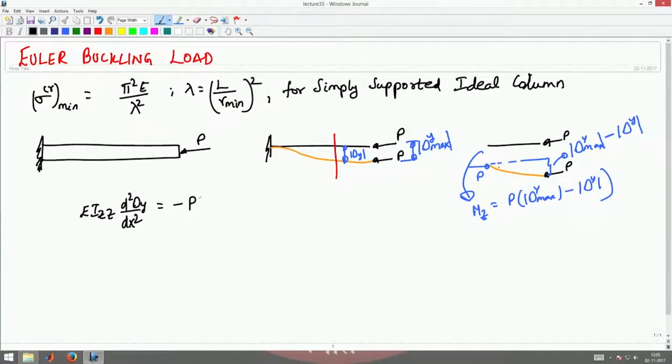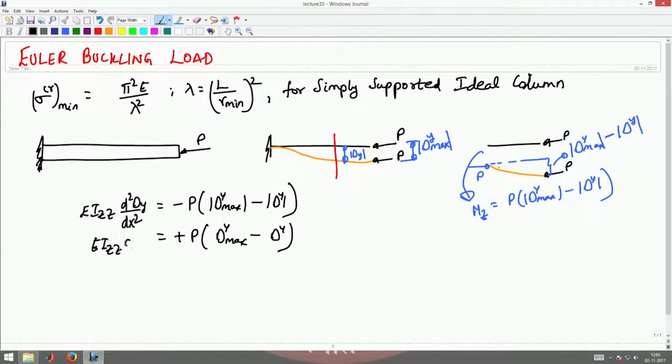So I will have minus P times the absolute value of delta y max minus the absolute value of delta y. Now I know it is a downward displacement, so delta y is negative. Both delta y max and delta y are in the negative direction, so I pull that negative sign out and it becomes positive. So I have the equation E I z z d square delta y by dx square equals P times delta y max minus delta y.